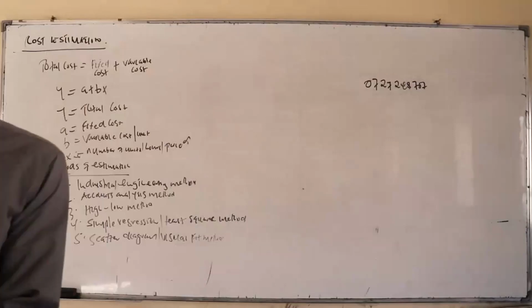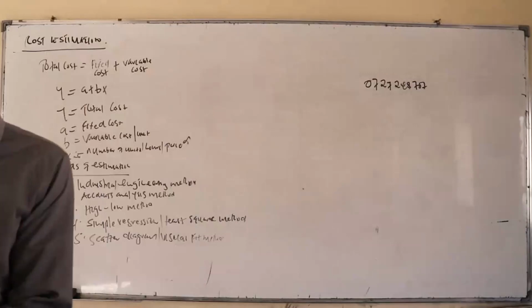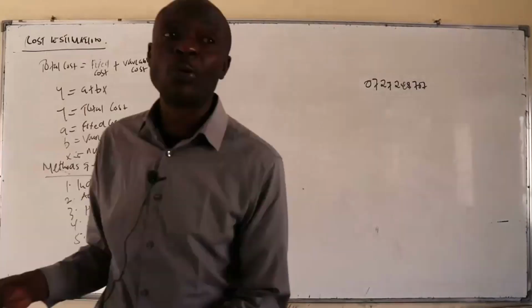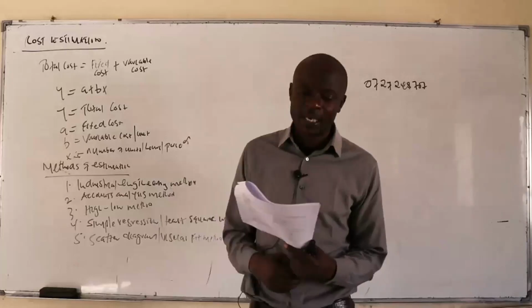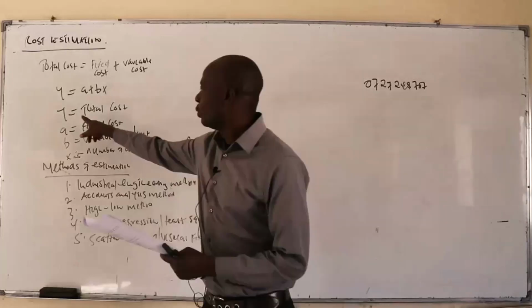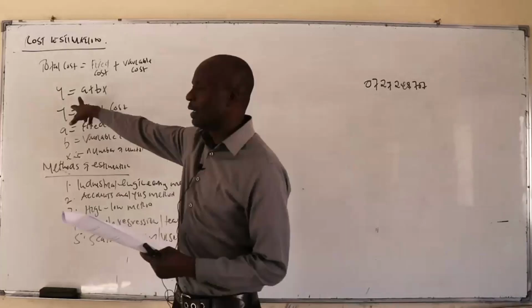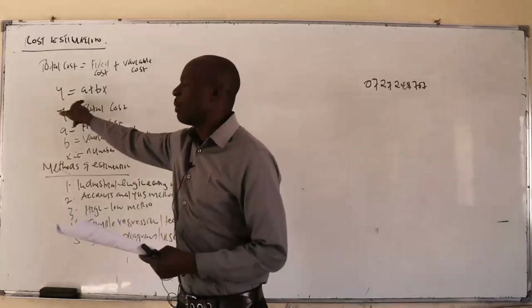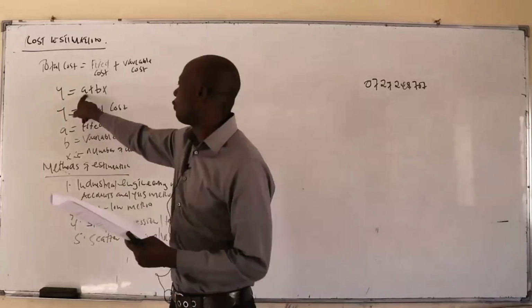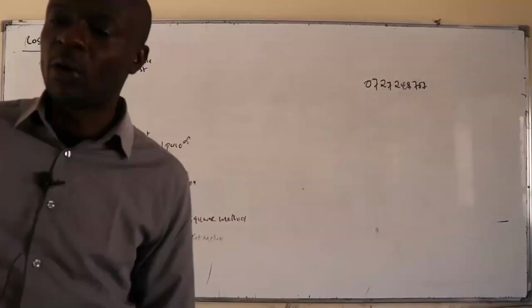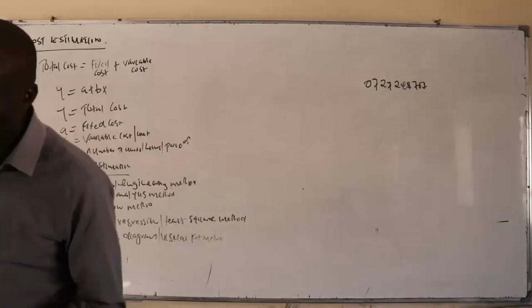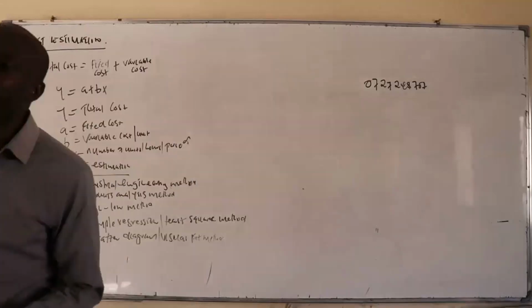Some questions can want you to explain what account analysis is, so you must be able to explain. After you've classified the costs as fixed or variable, you come up with the estimation equation in the form y equals a plus bx. We have an example on the handout. It reads: the following information has been extracted from the books of KK Limited.